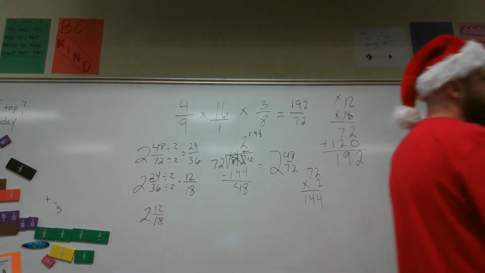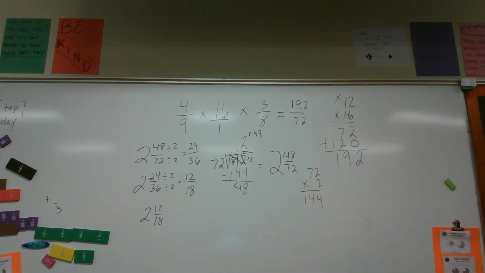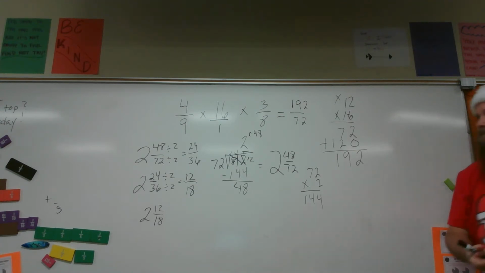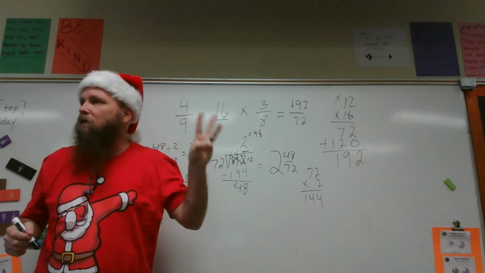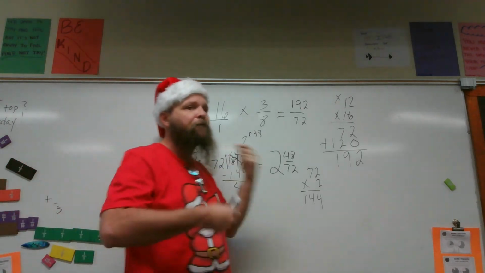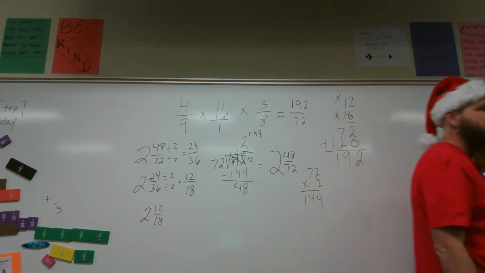2 and 12 eighteenths. Can I divide it by 2 again? Yes, they're both even. Any other number I can divide it by that might make it smaller? 3. 6. I can divide it by 2 and 3, which means I can divide it by 6. If it's divisible by both 2 and 3, it's also divisible by 6, if I remember my divisibility rules.